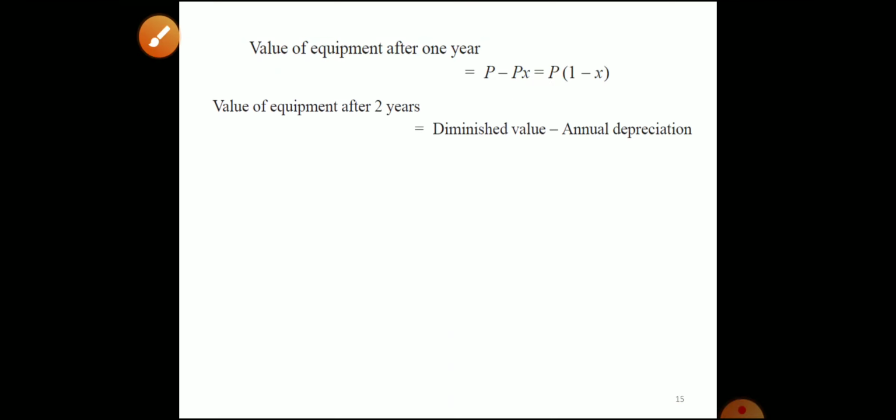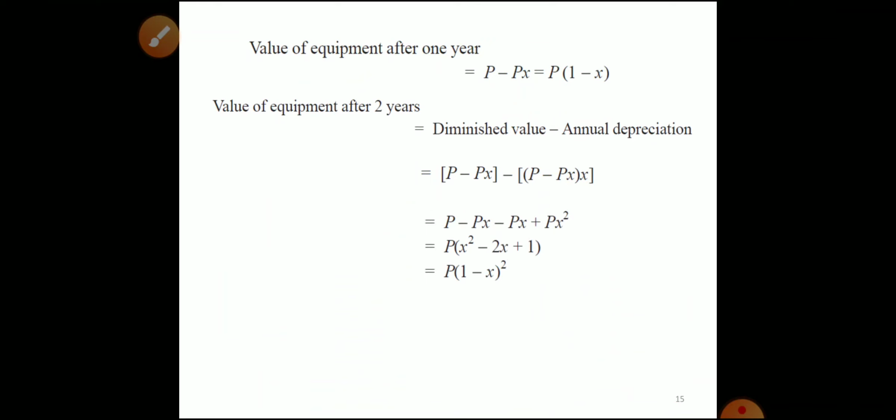Next, the value of the equipment after 2 years is the diminished value minus the annual depreciation. The initial value of the equipment was P rupees, its diminished value will be P minus PX, and annual depreciation will be X times the present value, that is P minus PX. If we solve this, we get P in bracket 1 minus X raised to 2.